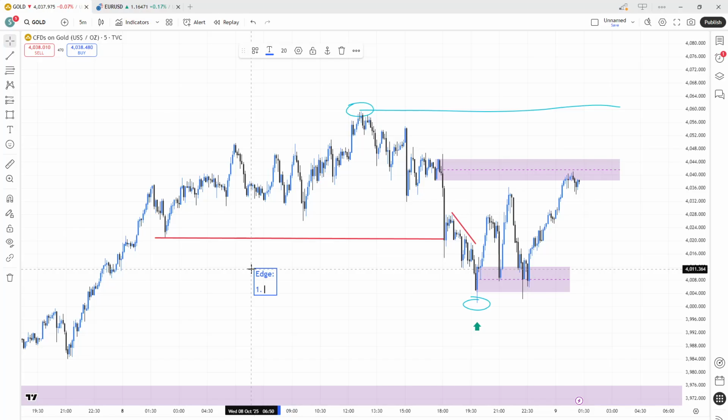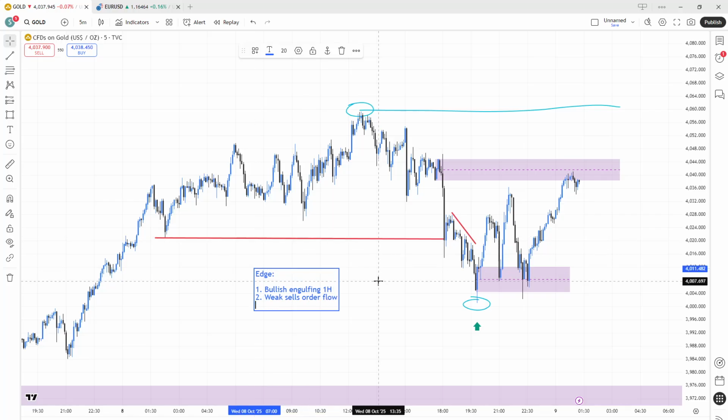So first is bullish engulfing, right, on the 1 hour candle, and then we have weak sales order flow.